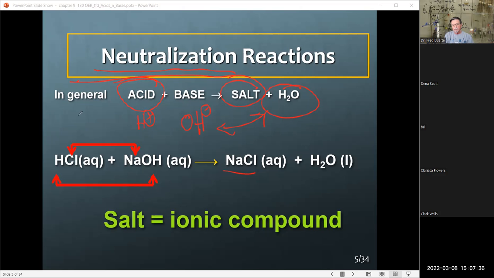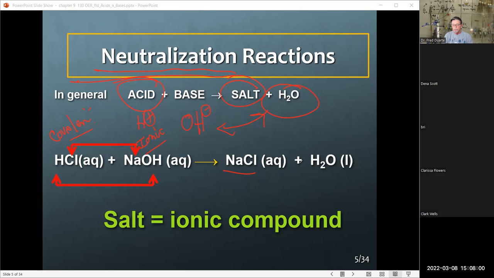So if we start with, think about this for a second, the acid here is a covalent compound. Notice hydrogen and chloride. The base that it reacts with is an ionic compound. So here's an example of a covalent compound and an ionic compound coming together.